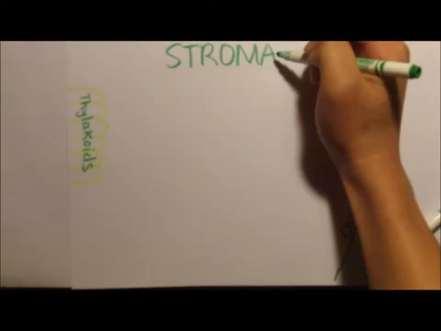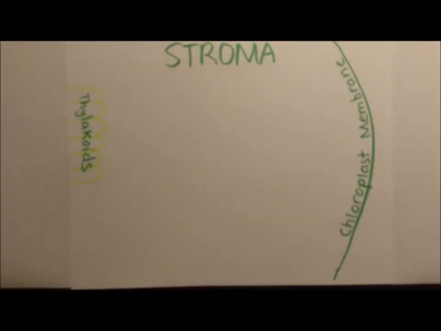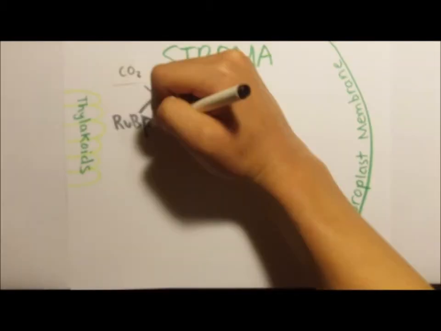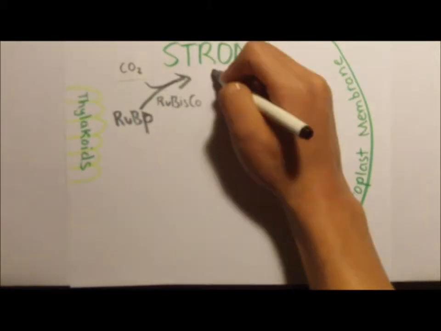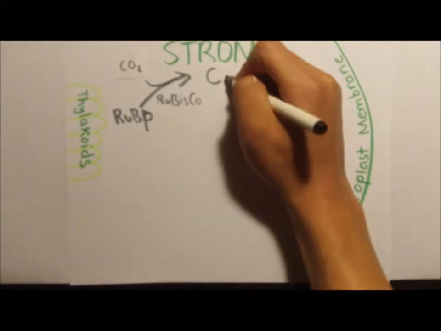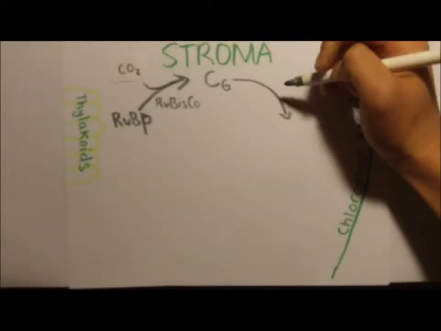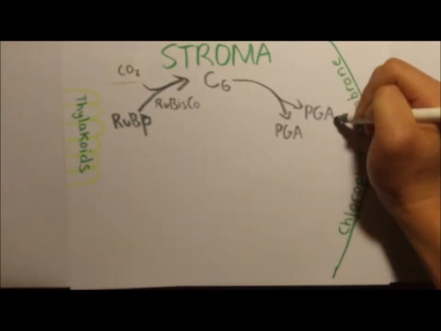In the stroma of the chloroplasts, the carbon dioxide molecules combine with a 5-carbon molecule called ribulose 1,5-bisphosphate, or RuBP for short, using the Rubisco enzyme, to create a very unstable 6-carbon molecule with a ridiculously long name, which immediately turns into 2 molecules of 3-phosphoglycerate, or 3-PGA.